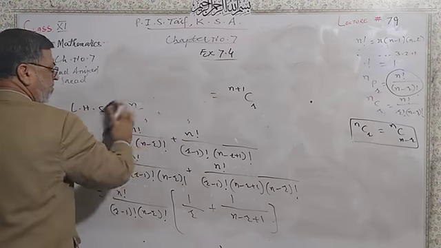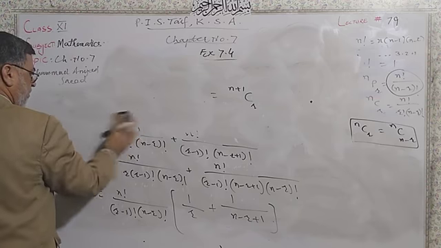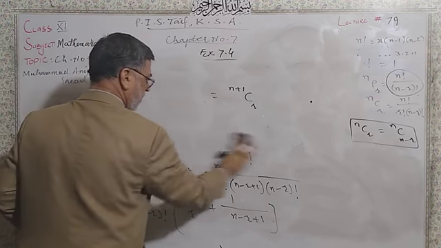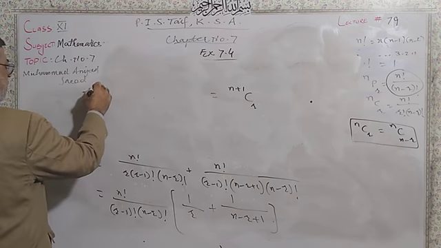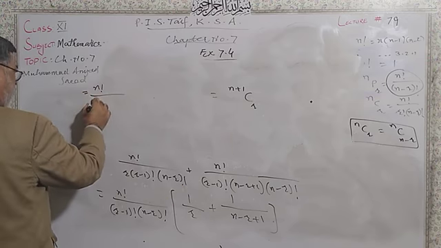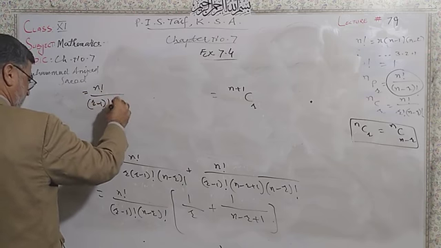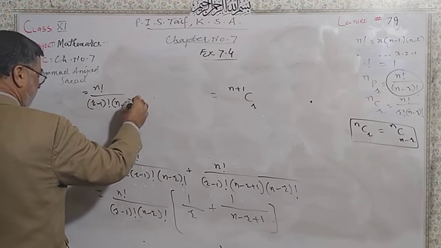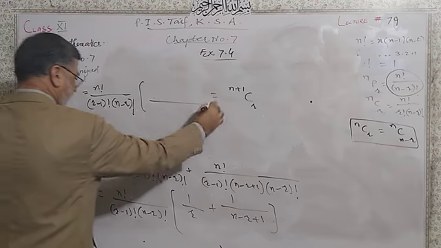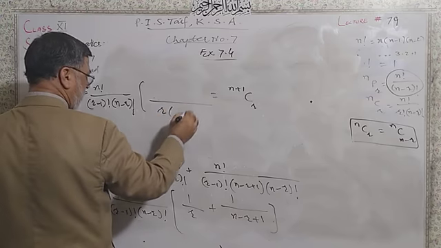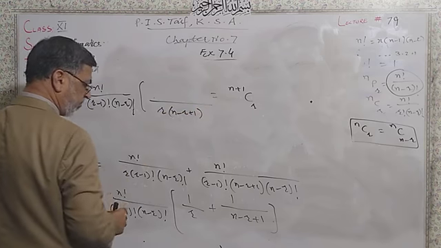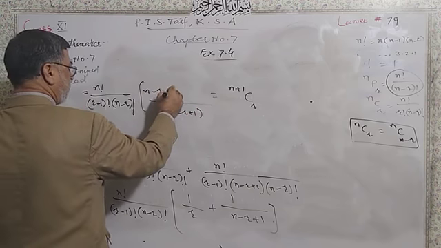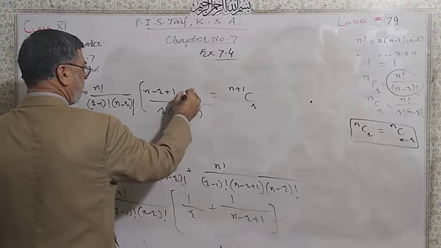We get n factorial over r minus 1 factorial, n minus r factorial. Take the LCM as r into n minus r plus 1, with n minus r plus 1 plus r.